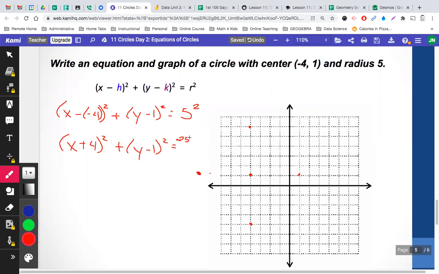All right, give my best shot. It's not good. I think it looks like a balloon. All right.